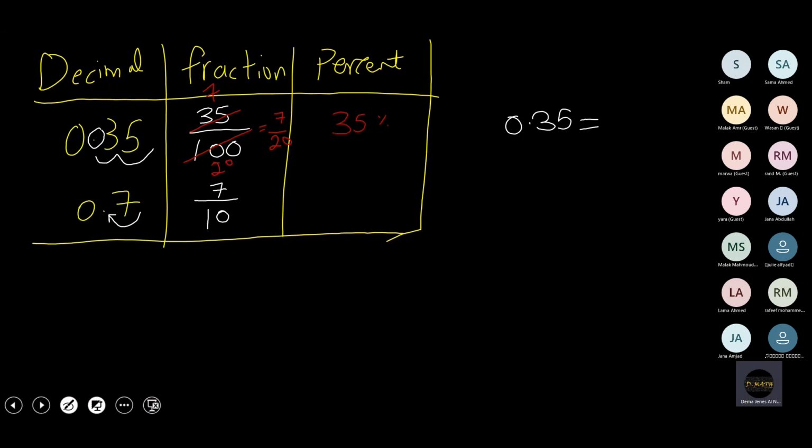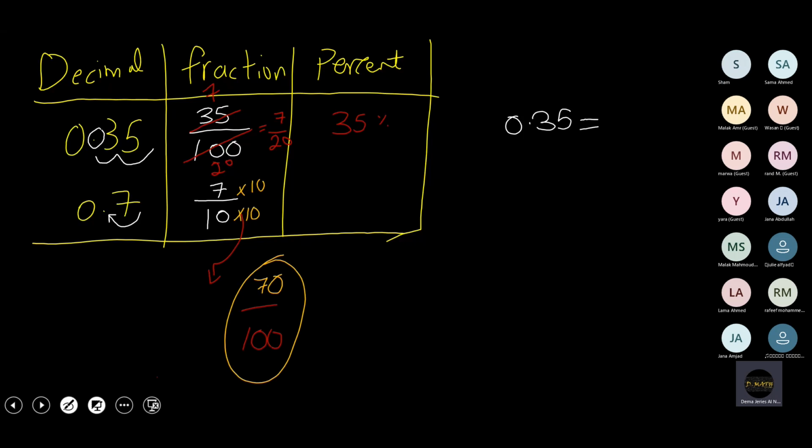But what about 0.7? I wrote it as 7 over 10. I asked you to write an equivalent one, but with a denominator of 100. We need to multiply it by 10, so you will multiply both of them by 10. So it will be 70 over 100.